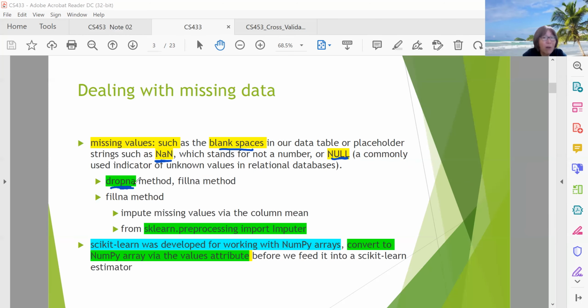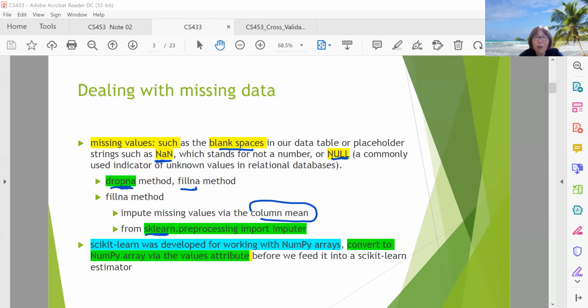Previously we learned the dropna method and the fillna method. With fillna, we can also use some technique, like filling with the mean value, not just dropping it. Later on we will see that sklearn has a package that can help us handle imputing.